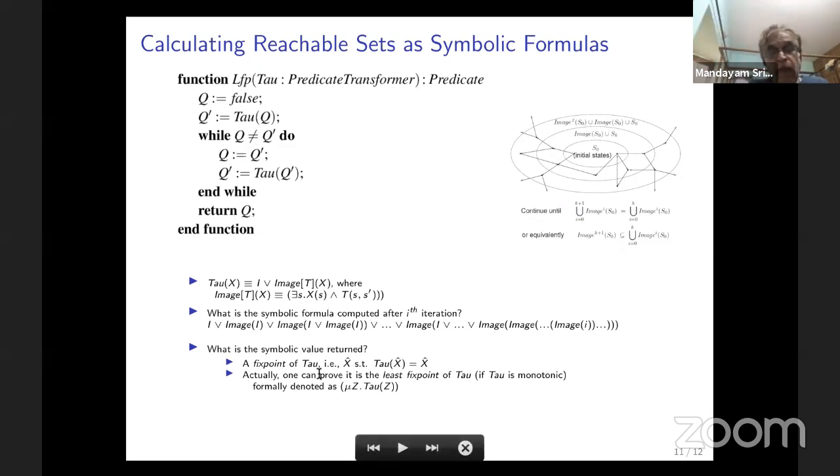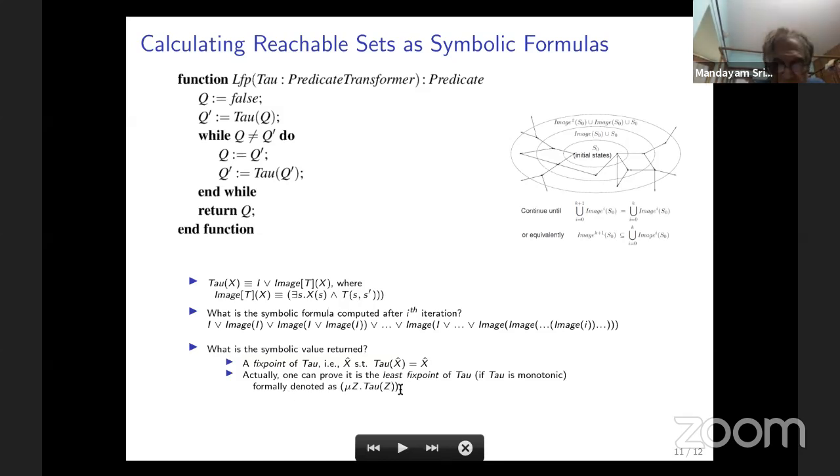Okay. Anyway, we'll get to the theory later on, but right now I want you to understand the concepts. It is important for you to understand that this process can be represented as computing the fixed point of a suitably defined predicate transformer. By predicate transformer, I mean that it transforms a formula representing a set to another set.